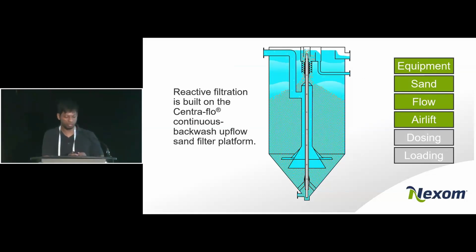The airlift will take the sand that is trapped at the bottom up to what we call a wash box. Once everything looks good, we add chemical dosing to the sand. The chemical will stick to the sand and act as a binding agent for the contaminants.